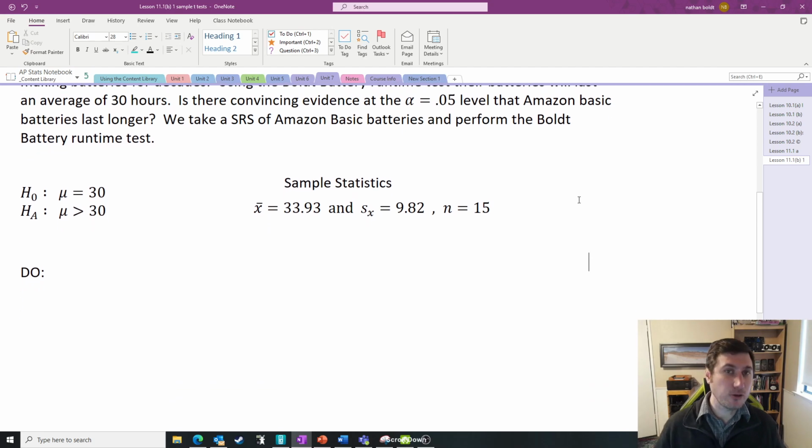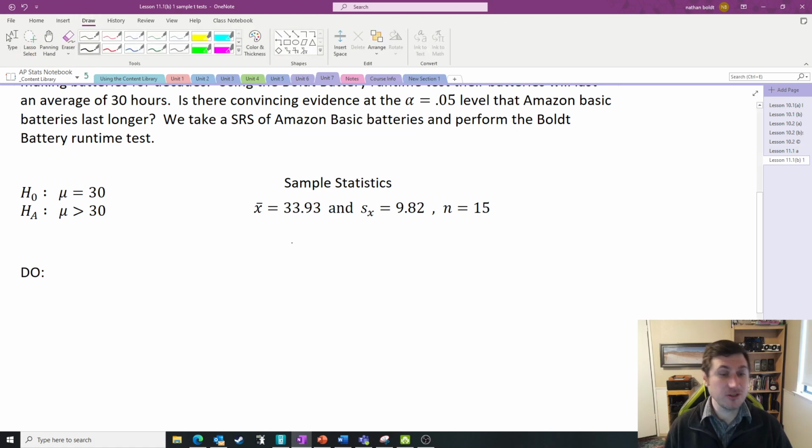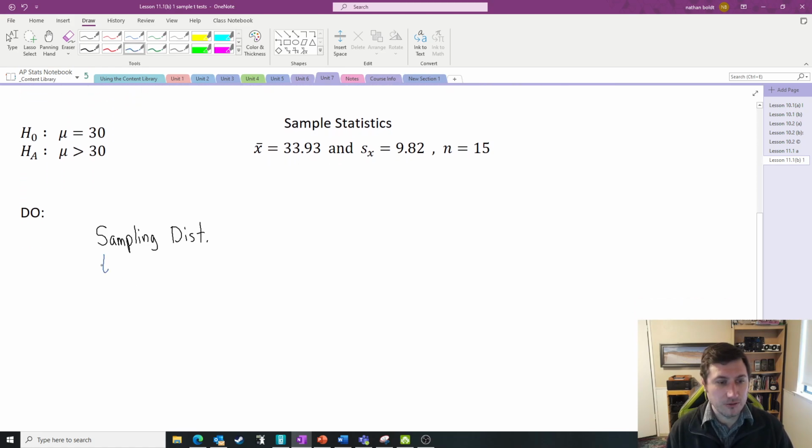So what actually happens? What math is the calculator doing? Well, after our conditions for inference are all met, right, we build our sampling distribution. Now, in this case, interestingly, for means, this sampling distribution follows a t-distribution.